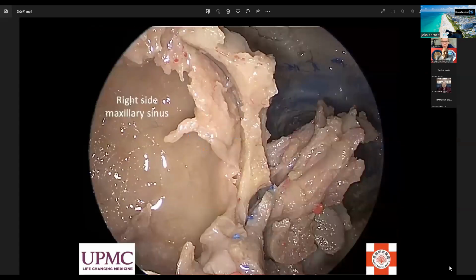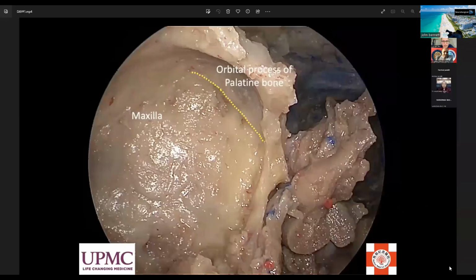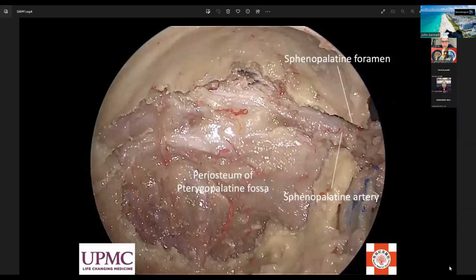When we go into the nose and remove the medial wall of the right maxillary sinus, we can see the view of the right maxillary sinus. After we remove the mucosa, we can see the posterior wall and the bony structures around it. After we remove the posterior wall and the lateral wall of the right maxillary sinus, we can expose the periosteum of the pterygopalatine fossa.